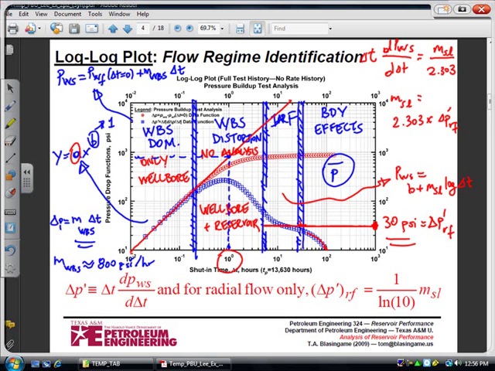So what I did was I find the time where delta t is equal to 1, and then I read the value from the model, which is our line, and it gives us 800 psi per hour. So this is our m_wellbore storage.